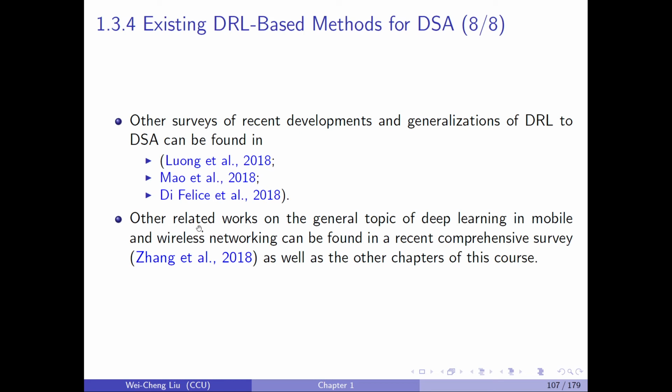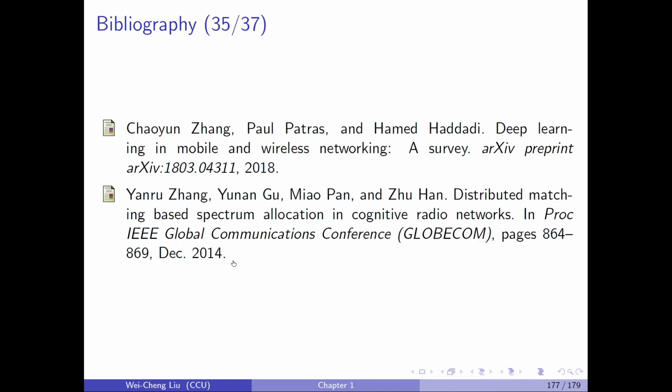Okay, other related works on the general topic of deep learning in mobile and wireless networking can be found in a recent comprehensive survey, Zhang et al. in 2018. Okay, we can see that Zhang et al.